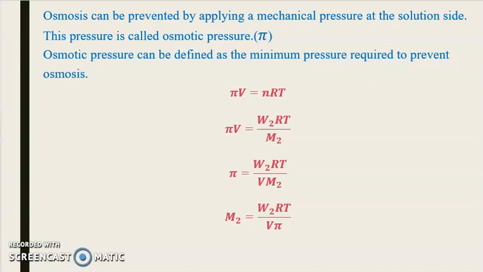So n can be written as W2 by M2. So π will be equal to W2 RT by V M2. From that M2 can be calculated. M2 equals W2 RT by πV. So what is osmotic pressure? Osmotic pressure is the minimum pressure required to prevent osmosis.